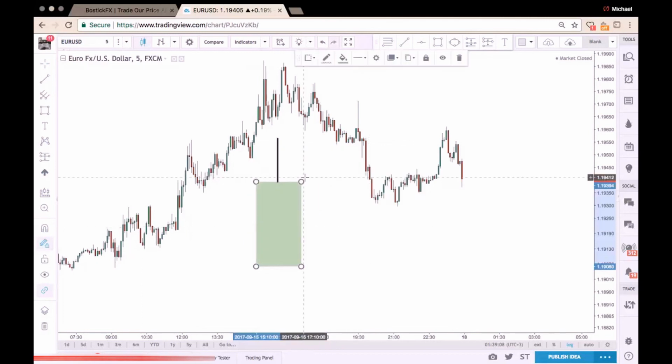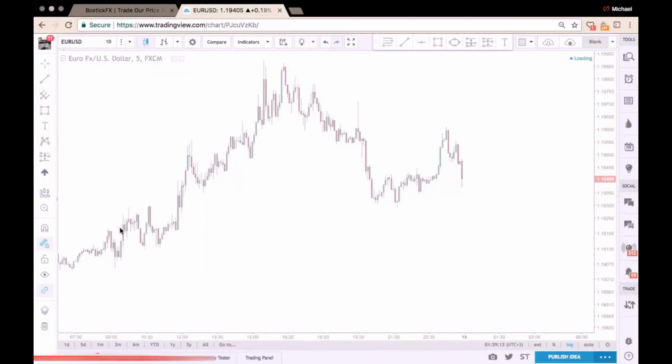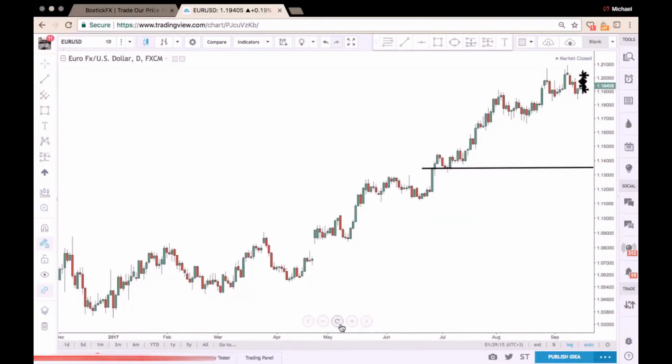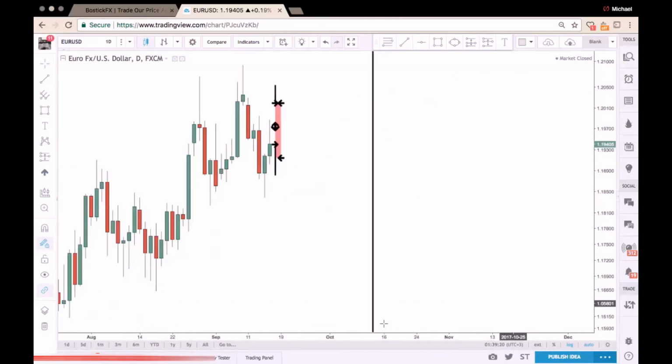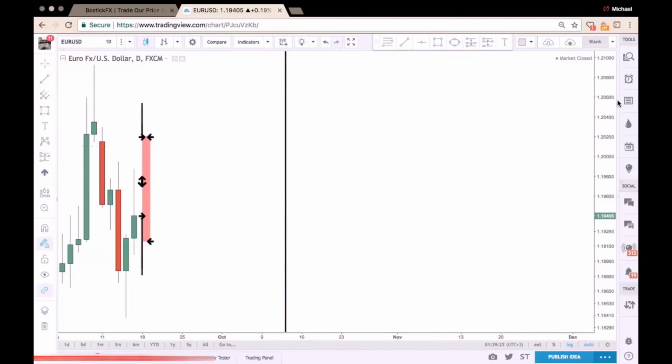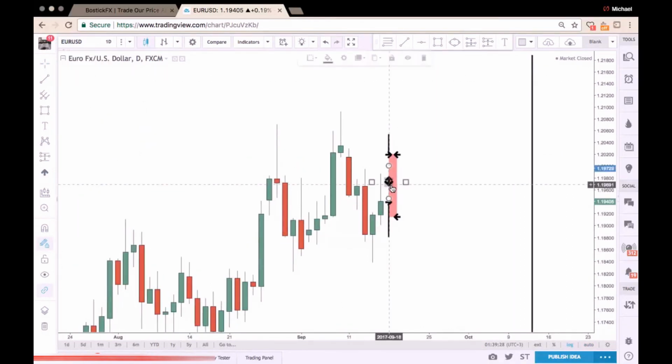Let's go take a look and see what that daily candle looks like for the 15th. Delete all this stuff I drew in. And lo and behold, look at that.